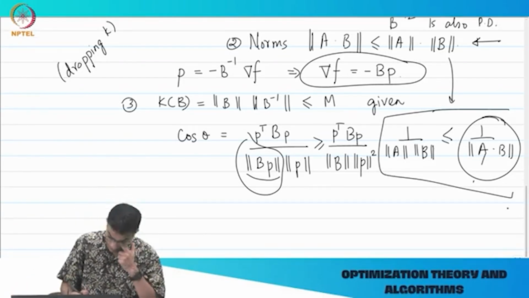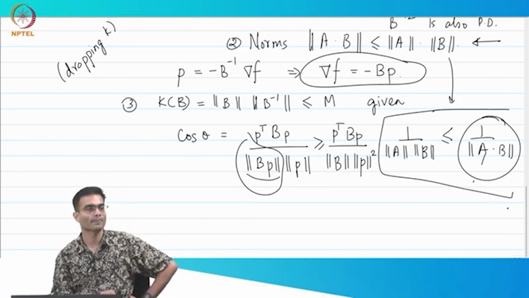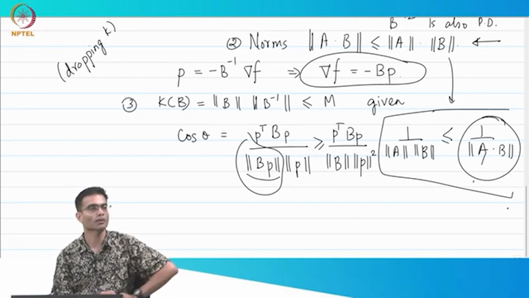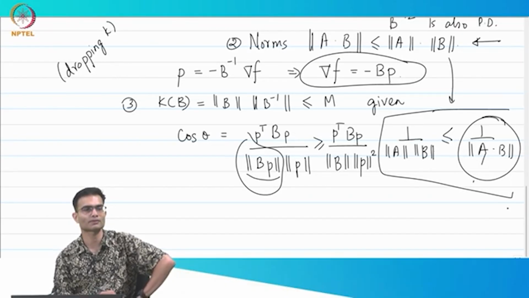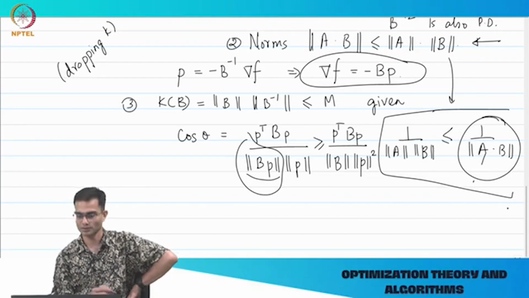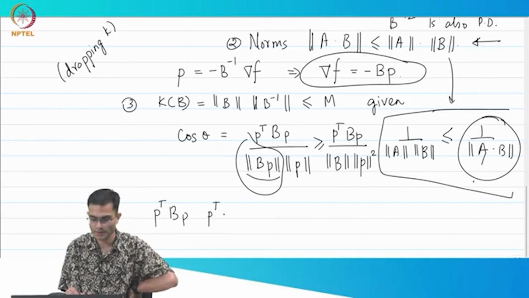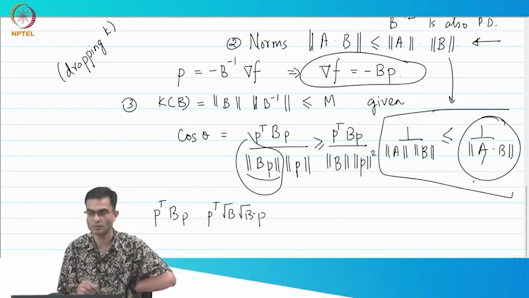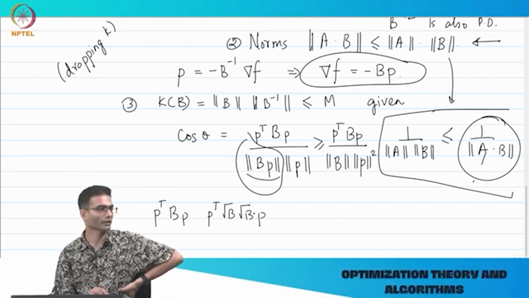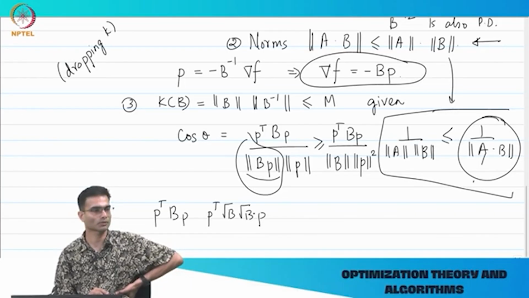Fine. Now, can we simplify this numerator in some nice way? Can I write it as the norm squared of something, for example? The hint is the square root B that I had introduced. P transpose B P, can I write it as P transpose root B root B P? I can write it like that. And will root B also be symmetric? It will also be symmetric.